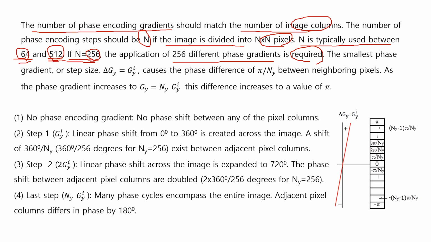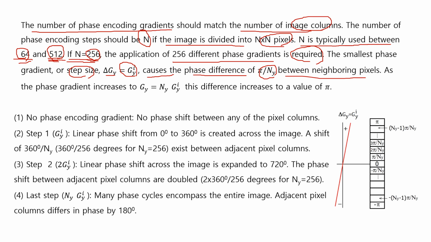The smallest phase gradient or step size, delta Gy, causes a phase difference of pi over ny between neighboring pixels.